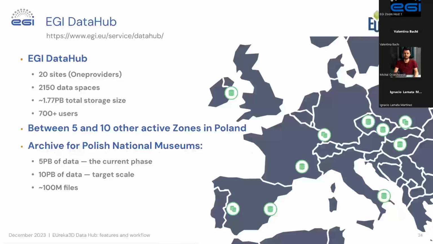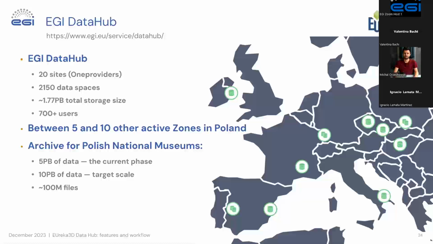You can think of it as virtual directories. It serves 20 different sites where dedicated services called one providers, which basically act as data proxies, are installed. About 2 petabytes of data, and it's all being collaborated on by about 700 users.